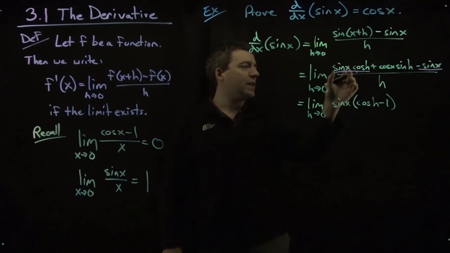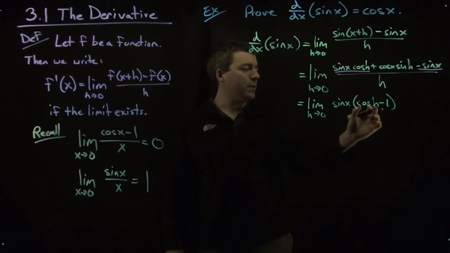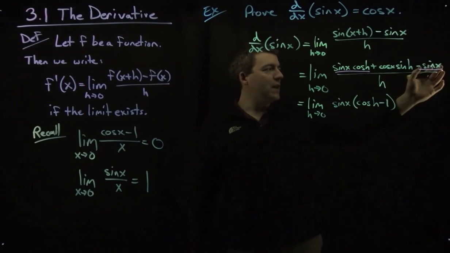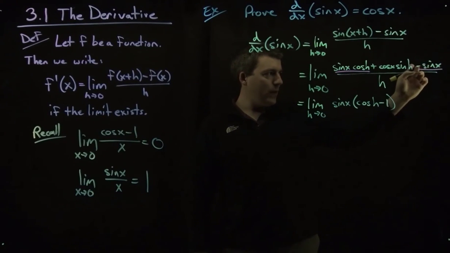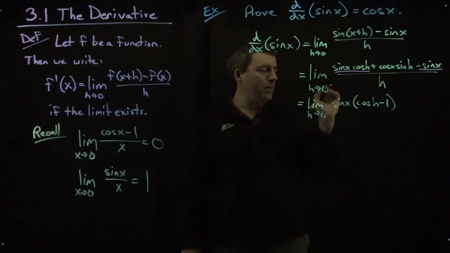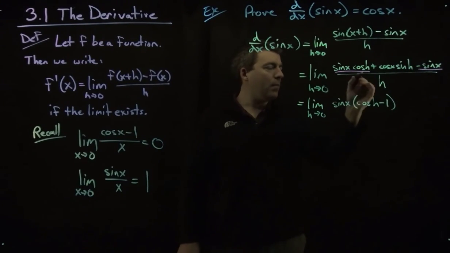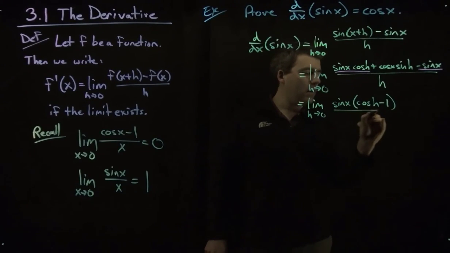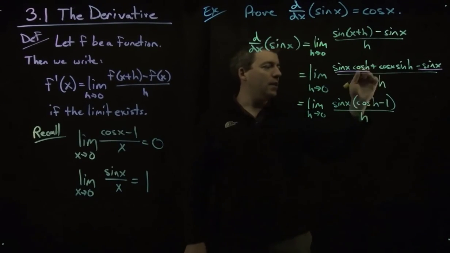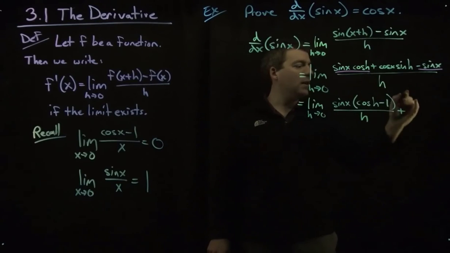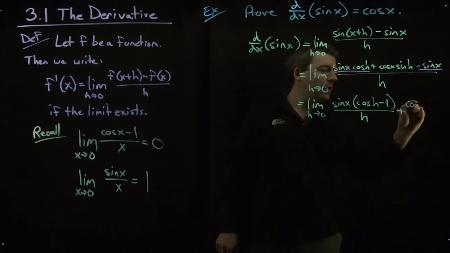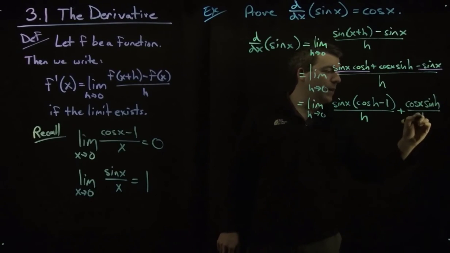So we took the sine of x out of this term, leaving cosine of h. We took the sine of x out of minus sine of x, and we're left with minus 1. All that over h, and then plus cosine of x times the sine of h divided by h.